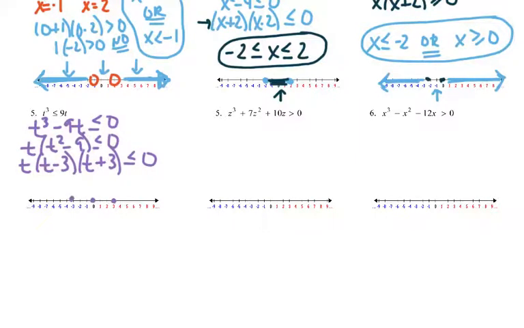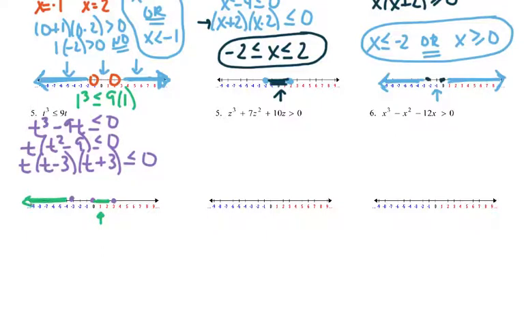So this gives me 4 chunks to check. Again, it's going to alternate between working, not working, working, not working. So really you can get away with just checking one number. I'm going to check a 1. Is 1 cubed less than or equal to 9 times 1? Yes. So that means that this chunk works, this first one doesn't work, works, doesn't work, and then works.